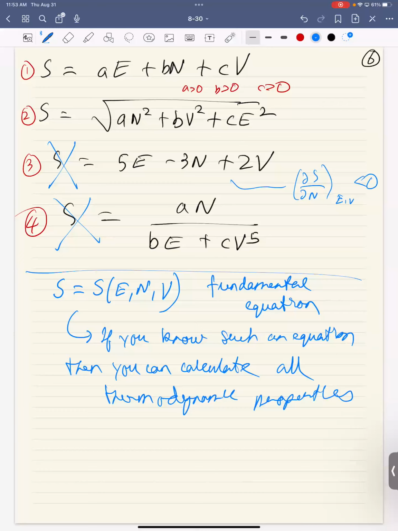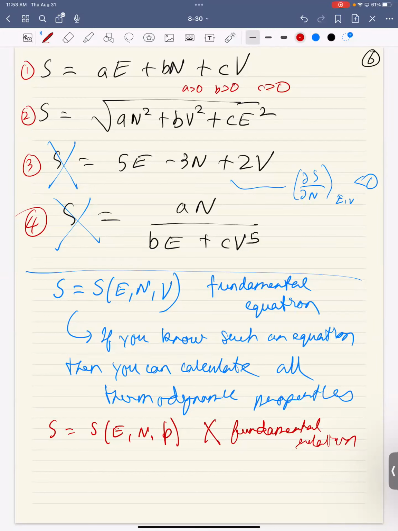Thermal expansion coefficient you can calculate. At the same time, if I gave you S equals S of E, N, and pressure, that is not a fundamental relation. You will see that it misses some information, and we will work through this with examples.